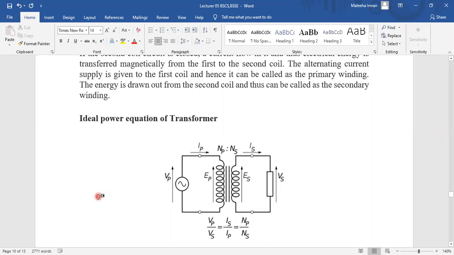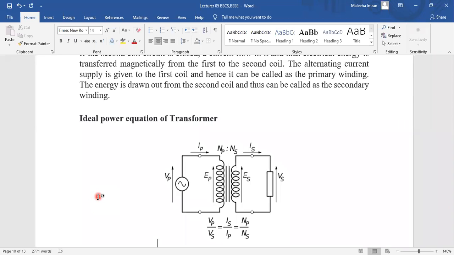Next we have the ideal power equation of the transformer. How can we define the electrical power?